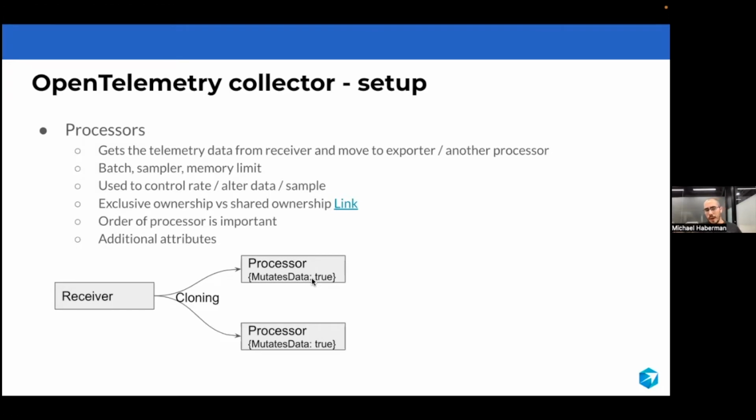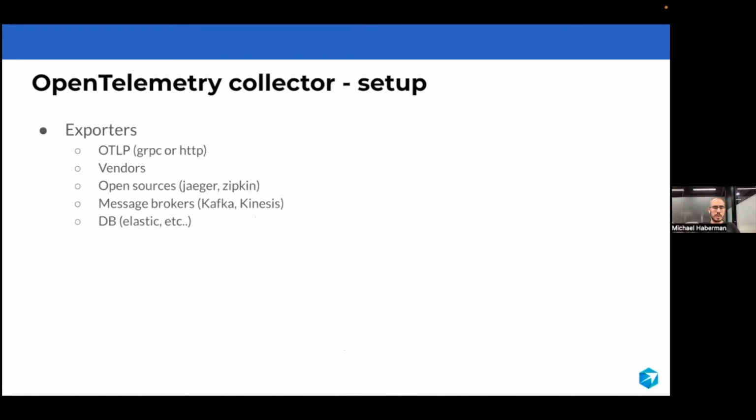So once this data pipeline is complete, all the different changes, buffering, and the memory limits that we had are done. The spans, metrics, or logs come through the other side, and then they are being exported. When I say exported, there are several types of exporters that you can find.